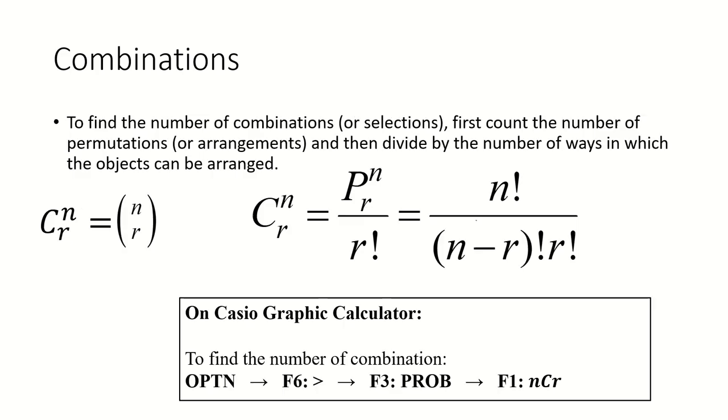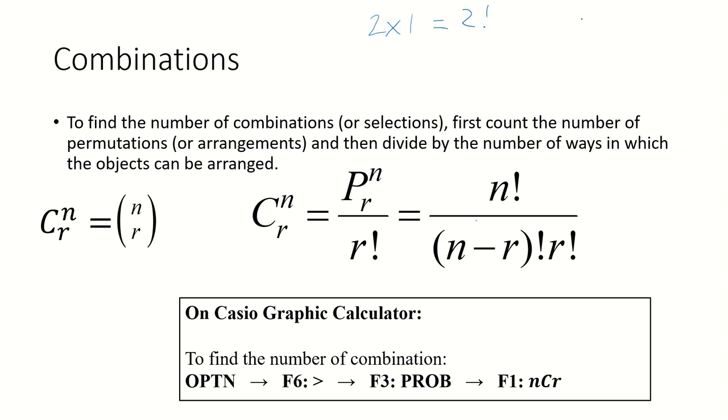So what actually happens is this. To find the number of combinations or selections, first count the number of permutations and then divide by the number of ways in which the objects can be arranged. If you're in groups of 2, they can be arranged 2 times 1, so 2 factorial ways.